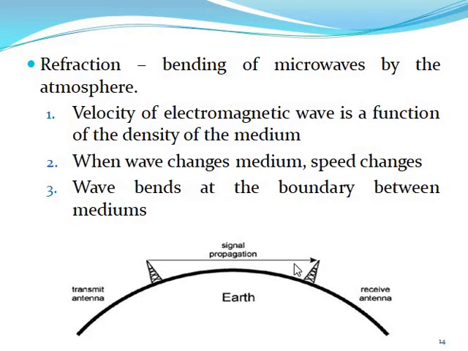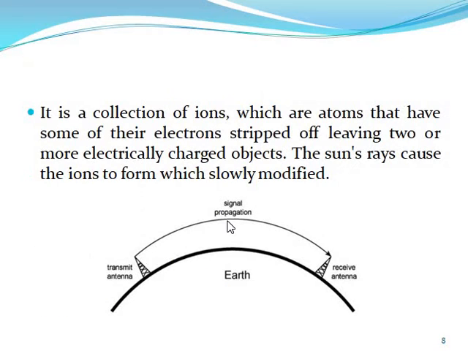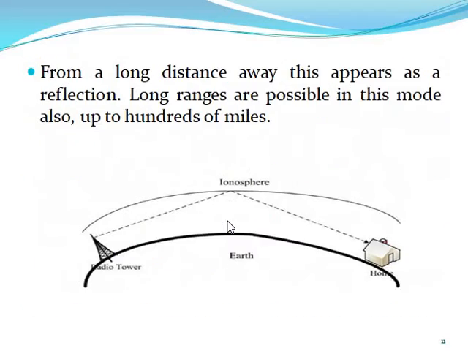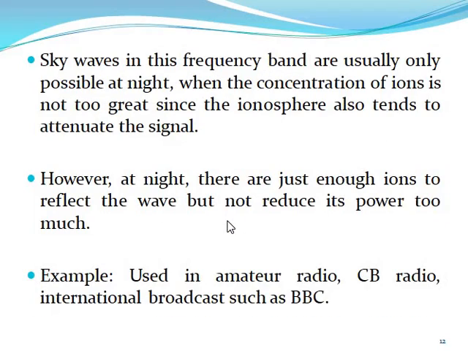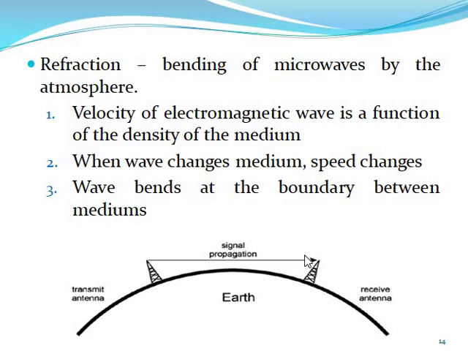It means there is no interaction, and the signal does not go to the ionosphere. We can show the ionosphere here also. This signal goes to the ionosphere, but in line of sight the signal does not go to the ionosphere. So this is one transmitter and this is one receiver. The signal travels by line of sight.